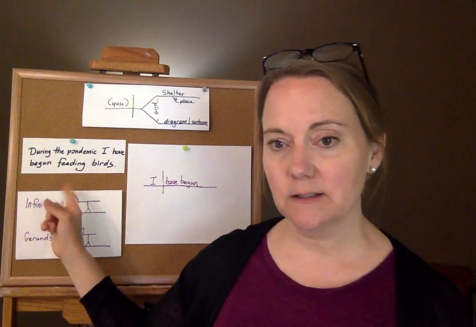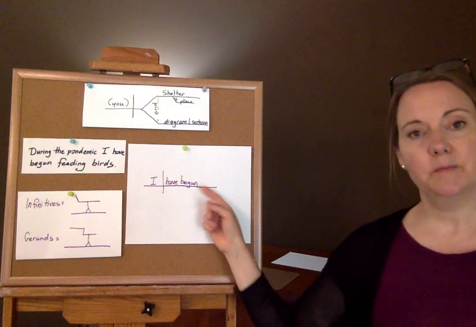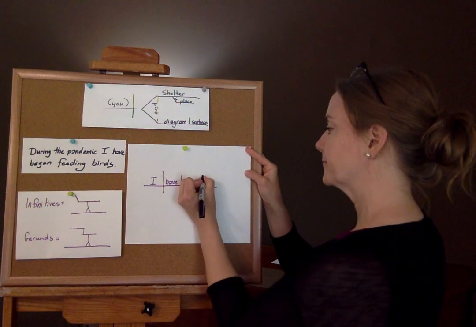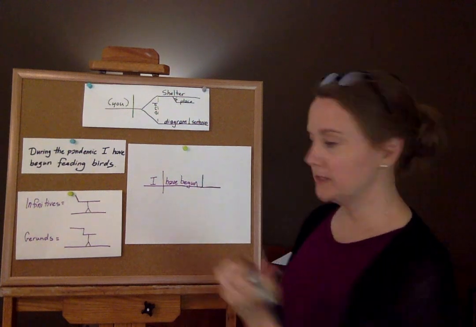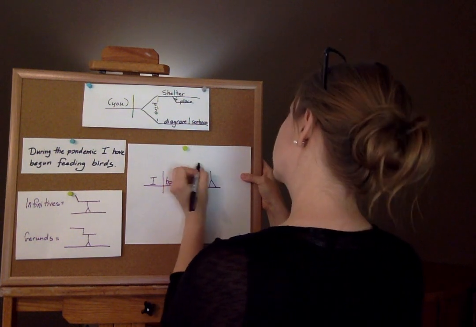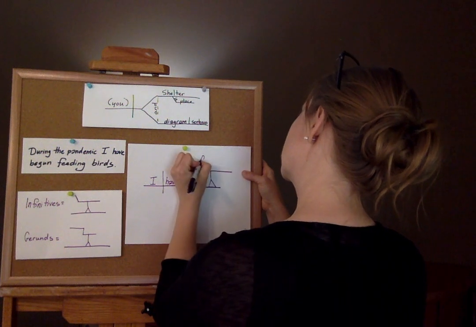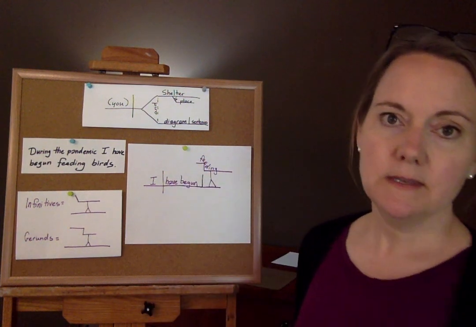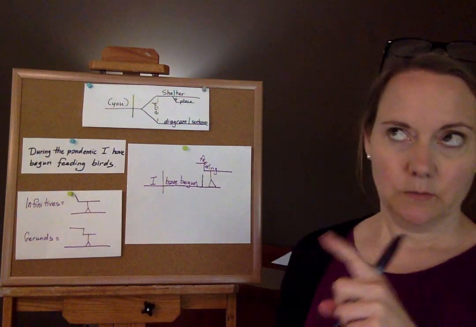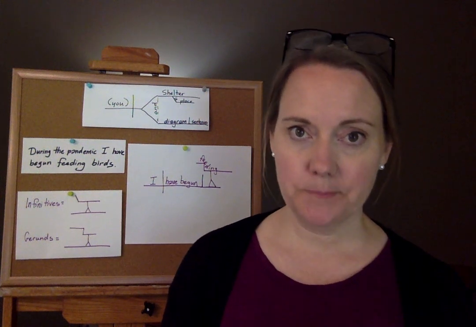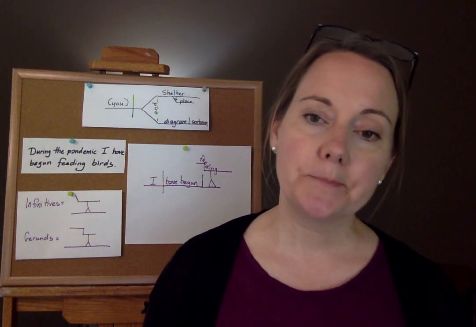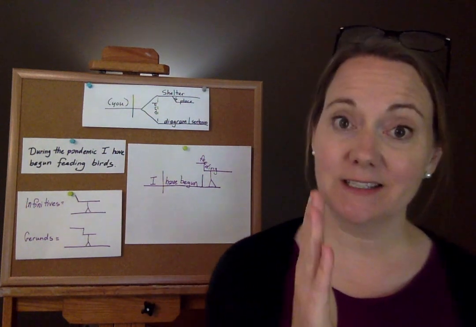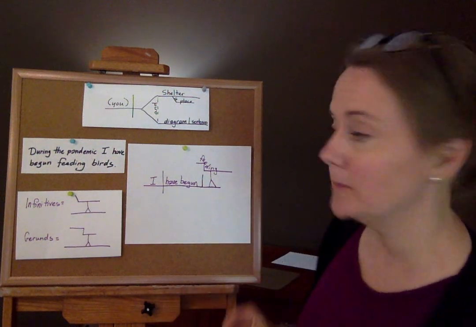Let's go on and get this gerund on here. I have begun what? Feeding birds. So it's a direct object. And this gerund, which is a direct object, has an object. So you have an object within a direct object, and that's birds. I'm just going to put birds on the same line as feeding, but with the straight up and down line that indicates it's an object.